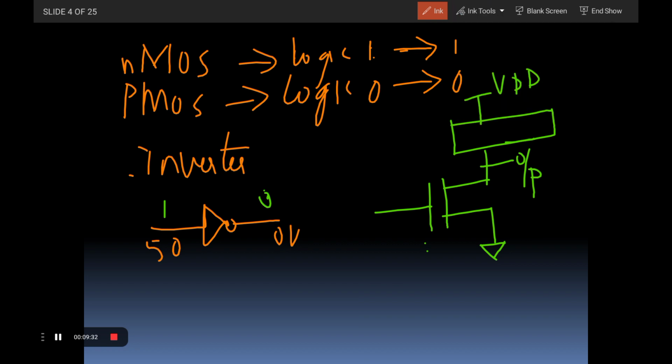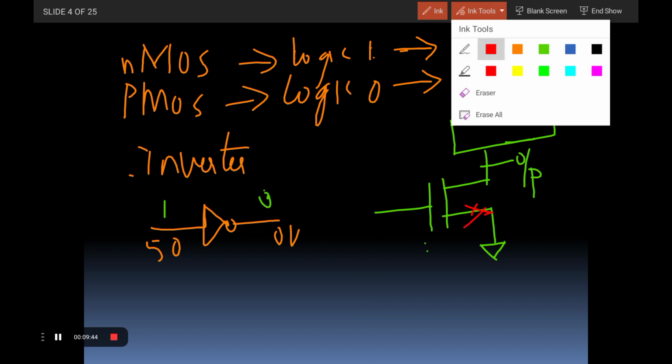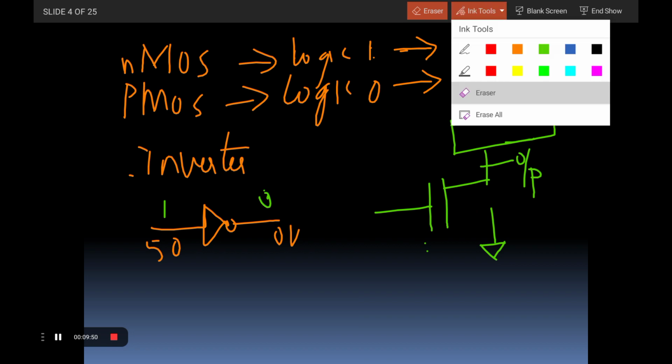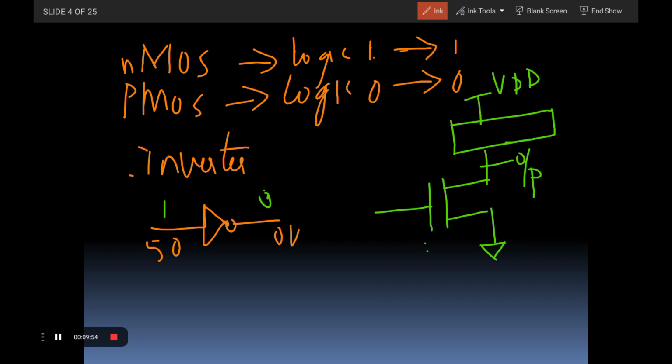Obviously it is an nMOS transistor. How can I identify this? We don't have any bubble. Also, if the arrow is in this direction, it can be treated as an nMOS transistor. Or else you know the representation for this one, so don't worry. For this case I just have to mention this connection. So this is the nMOS representation.